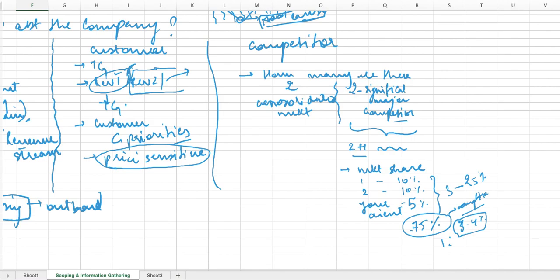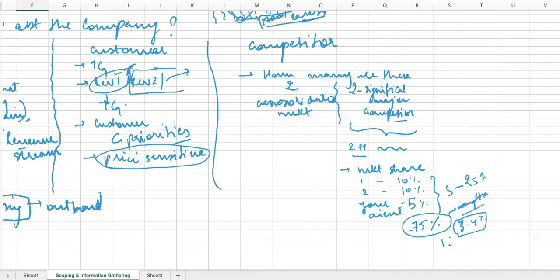Okay, so I kind of stretched this part of the discussion because it is very intuitive. I do not know how to put this in fewer words, but while discussing this, you will get to know when there is a fragmented market and when there is a consolidated market.